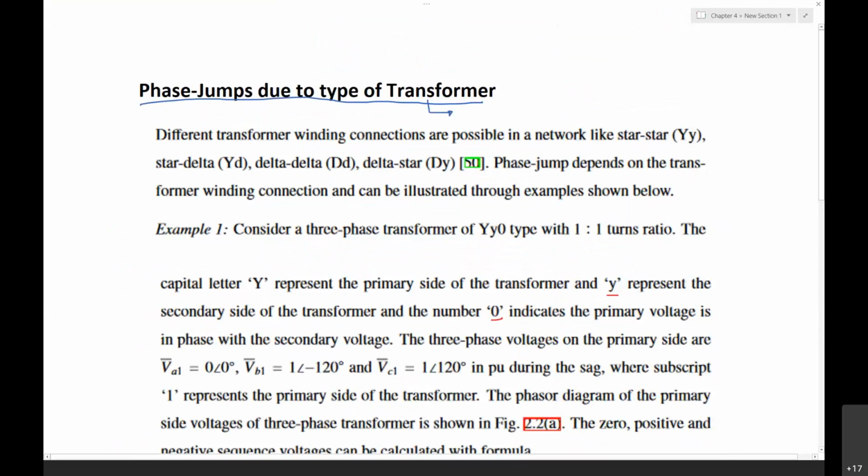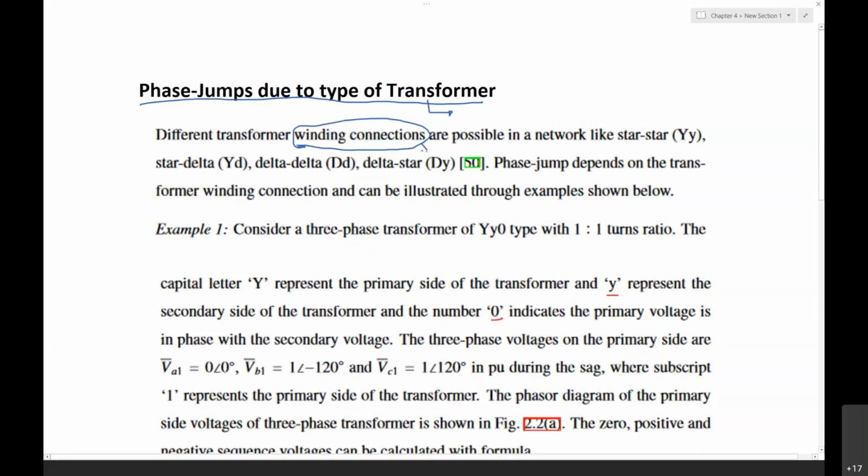Obviously we have to look into the study with the three-phase transformer. We have different types of transformers, and these are basically due to the winding connections.